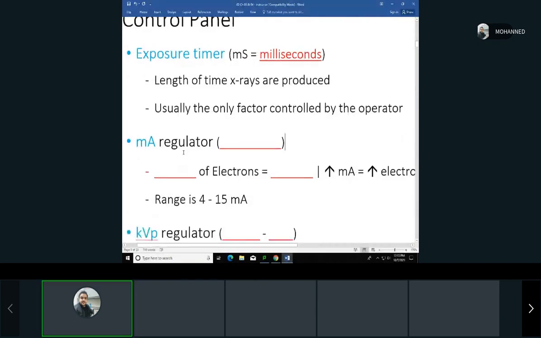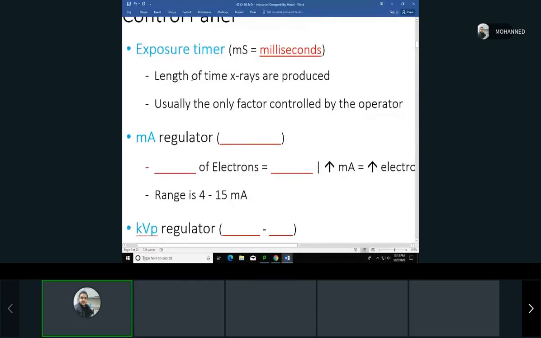Okay. Another thing on the control panel is the mA, and the mA stands for milliamperage, or milliampere. And this is about electricity. Because we produce radiation with electricity, and the two factors that we can control within the electricity are the amperage and the voltage. What is the voltage here in the United States? 110, right?